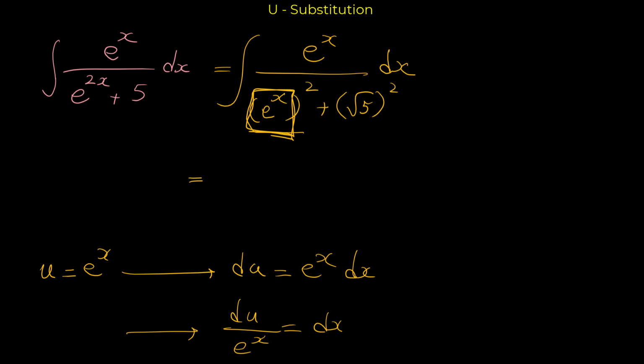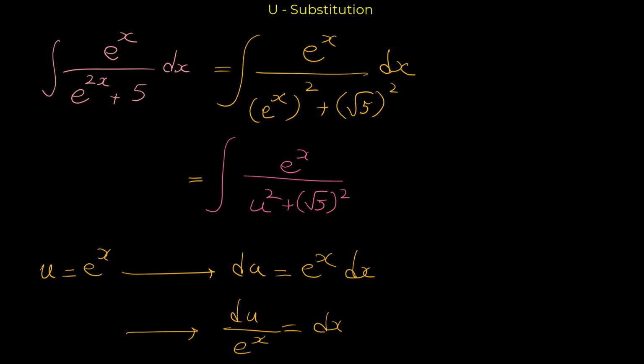Now we are ready for the substitution. So we have the integral of e to the x over u to the 2 plus radical 5 to the 2. If you like, you can replace this with u, it's up to you. But it's better to leave it as e to the x because that e to the x is going to be cancelled with dx at the end.